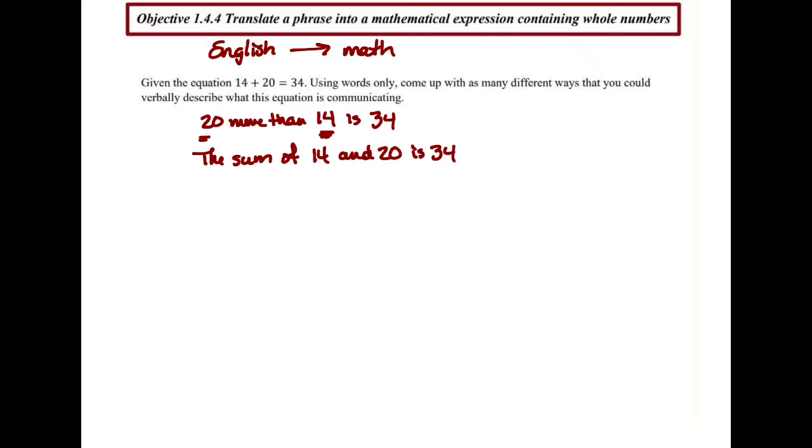Okay, how about 14 increased by 20 is 34. Okay, all of these words here, more than, sum, increased by, those all mean add. And that's what we're going to be translating in this section here.